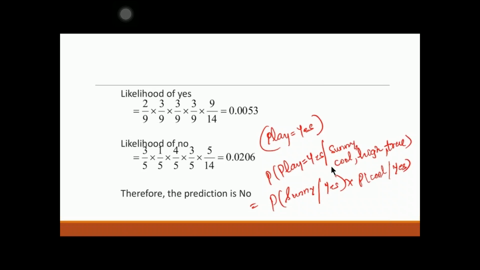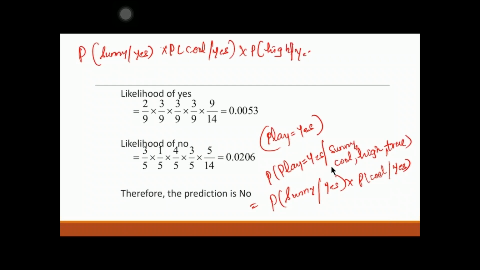Okay, I'm running out of space. Let me write it here on the top. Probability of sunny given yes into probability of cool given yes into probability of high given yes into probability of true given yes.